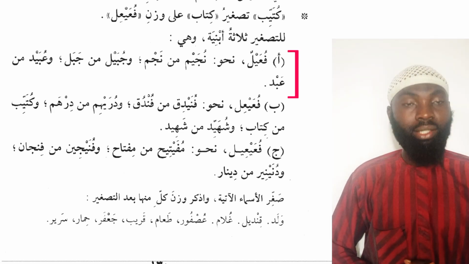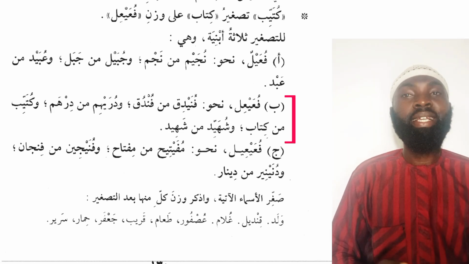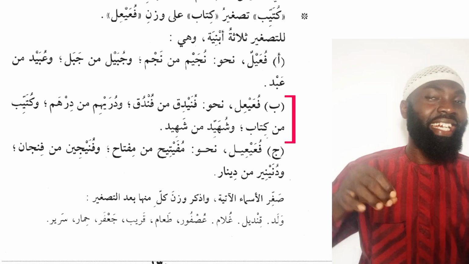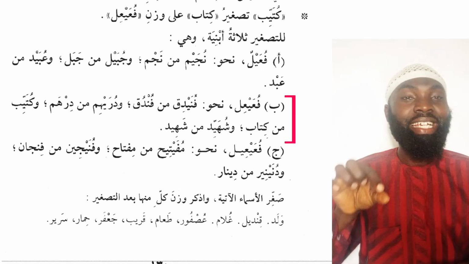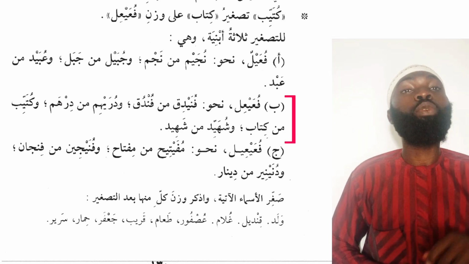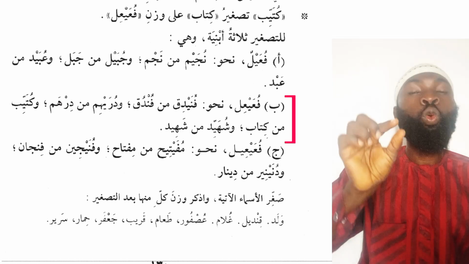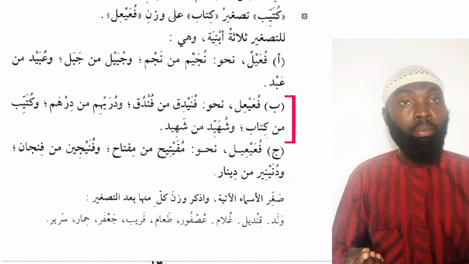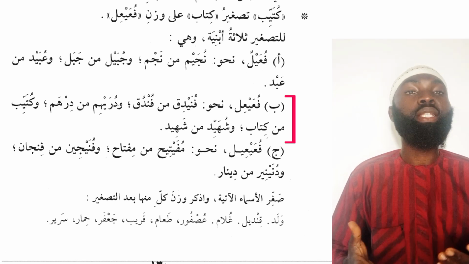The next pattern is the pattern of fu'ailun. Can you see? The first pattern is fu'ailun. The second pattern is fu'ailun. So there's an addition of an ain under it. So on this pattern we have the word funaidikun. What is funaidiku? It's the former pattern of what? Funduk. Funduk means a hotel.